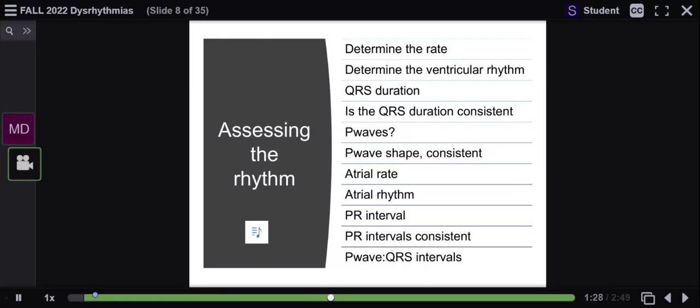So the next thing that you want to do is to look at the rhythm. Basically, is the rhythm regular or irregular?